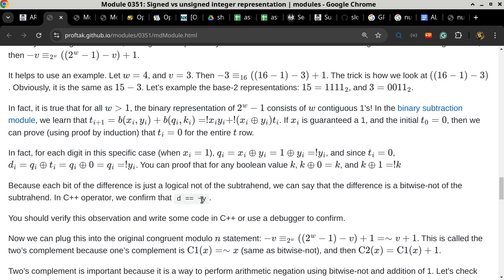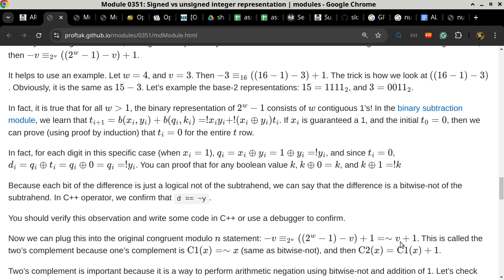Are we making that association? Are we good so far?